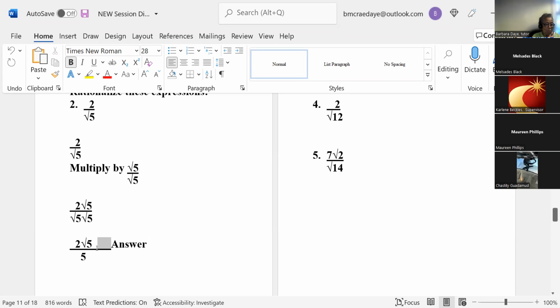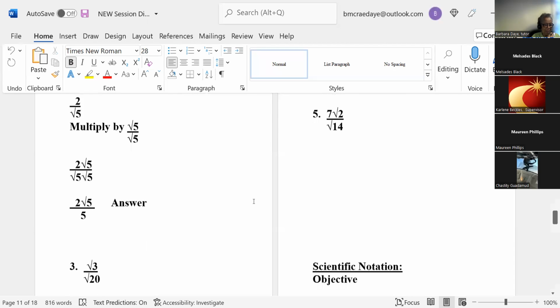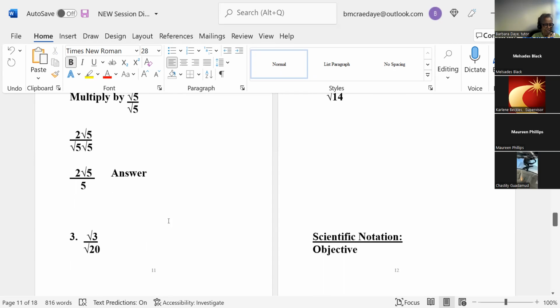So you're changing your radicals to a rational number, and you do that by multiplying by the radical. Okay. So you think you can probably do some of the simpler ones of these? I thought those were simple.